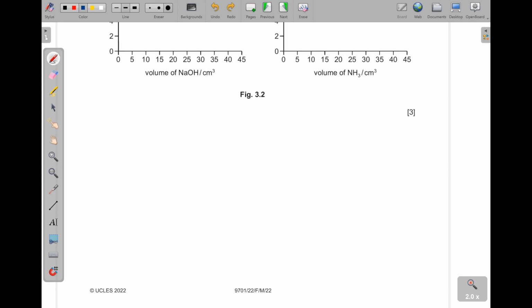Sodium hydroxide is a strong alkali, okay? And then ammonium solution, it is like ammonium hydroxide, is a weak alkali.